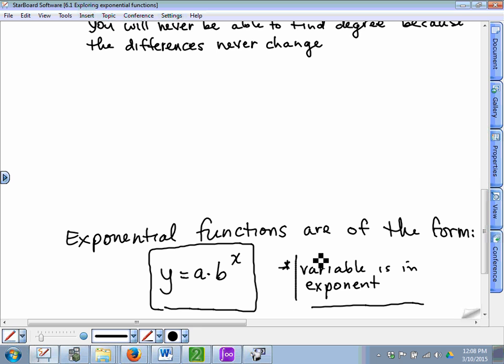Biggest key here, you guys, is the variable is in the exponent. That's how you can tell whether something is exponential. It's not just because it has an exponent. A lot of things have exponents. If the exponent is a variable, then it's exponential. That means it's going to grow real fast, like that money problem we took a look at.